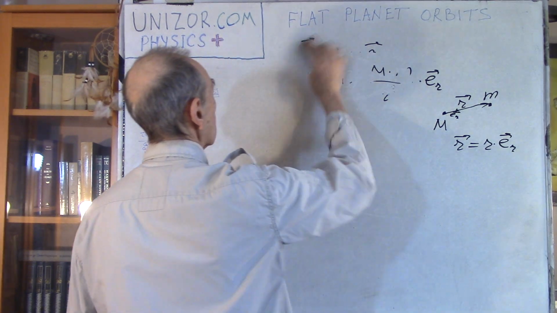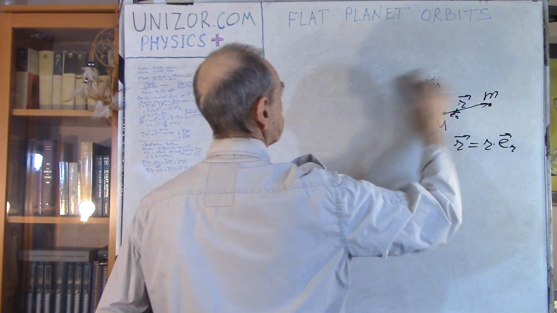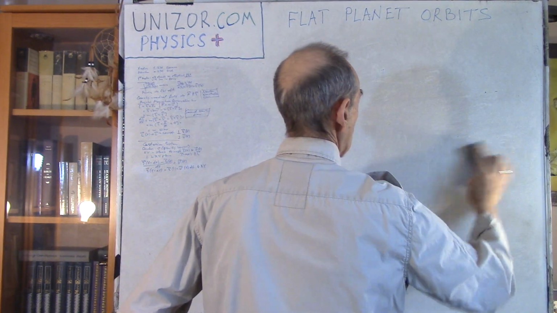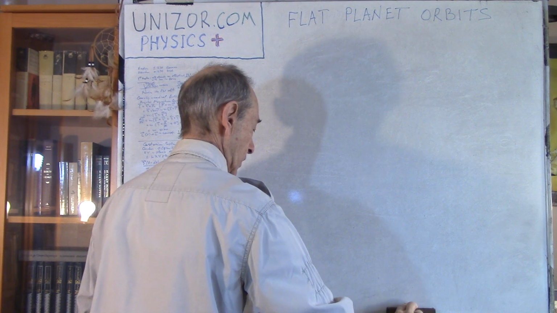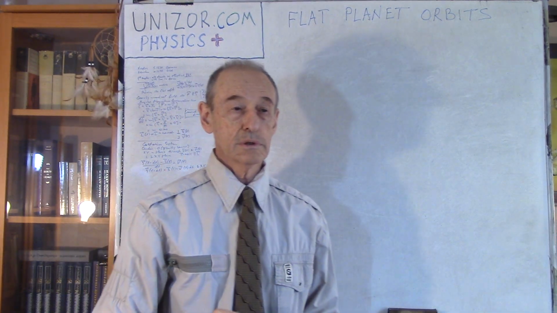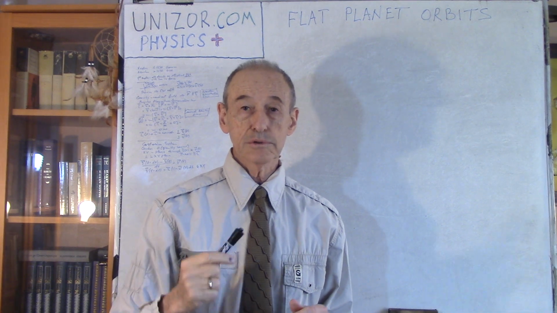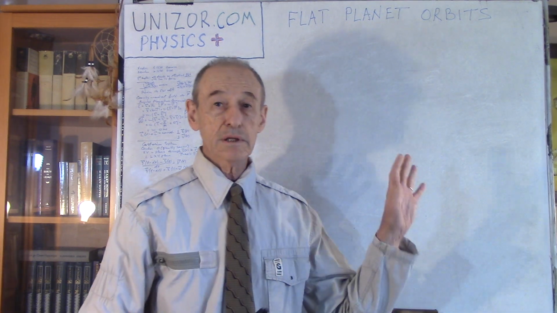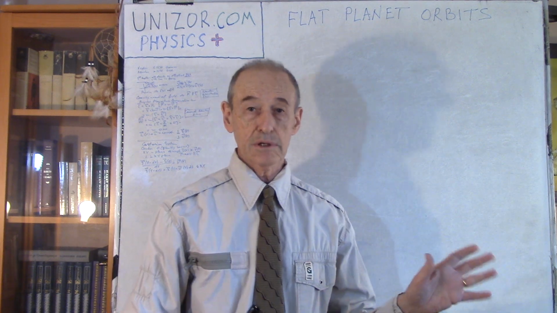So let's just do that. Now, a couple of lectures ago, there was another lecture which was dedicated to the central force field, not necessarily the gravitation field, as long as it's central.